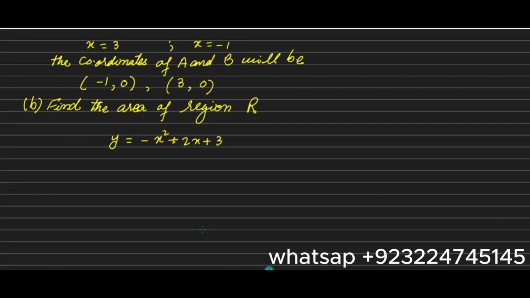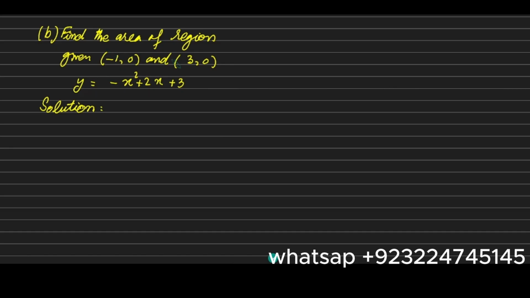As we have the coordinates minus 1, 0 and 3, 0, we find the area of the region between x equals minus 1 and x equals 3.